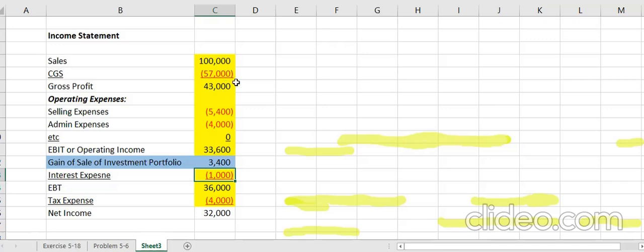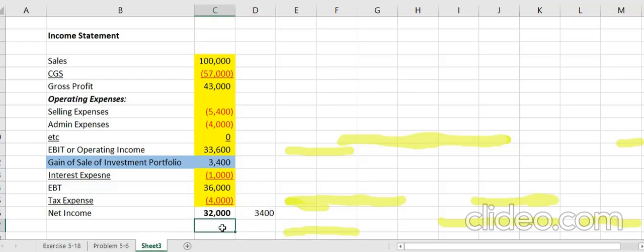When the company created the income statement, they had a gain on the investment sale of 3,400, so they added this money. In a sense you can say that this 3,400 is present inside this $32,000. It's a kind of connected thing.